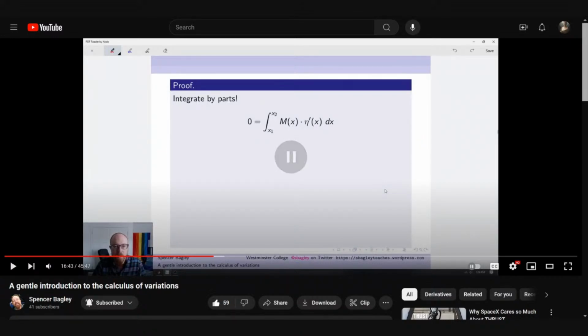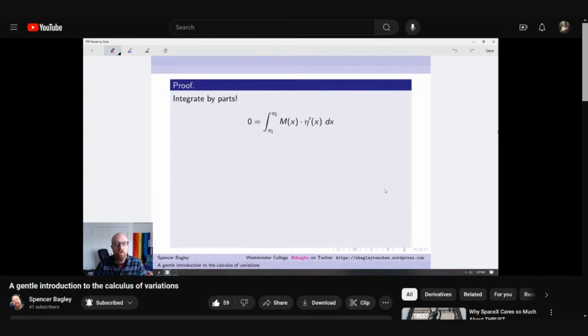Here's how it's going to go. Okay, integrate by parts. So again, this is given. So we want to prove that m of x must be 0 something. We're going to integrate by parts.